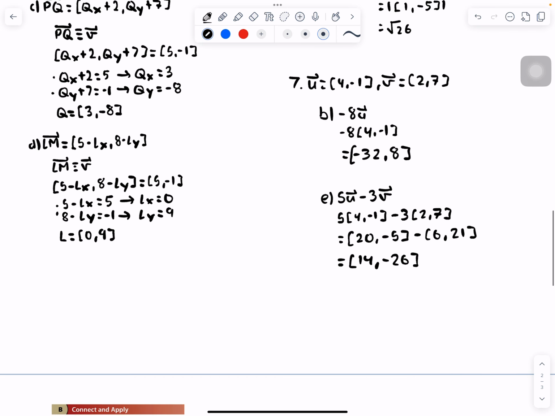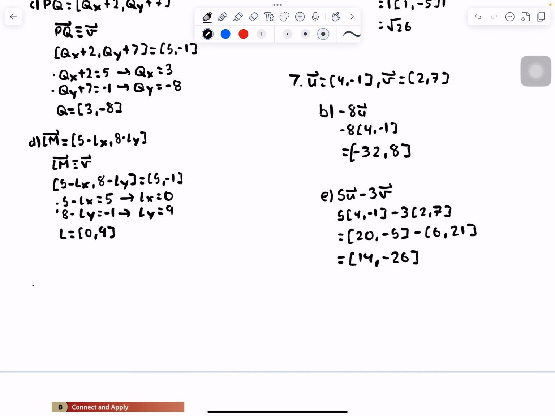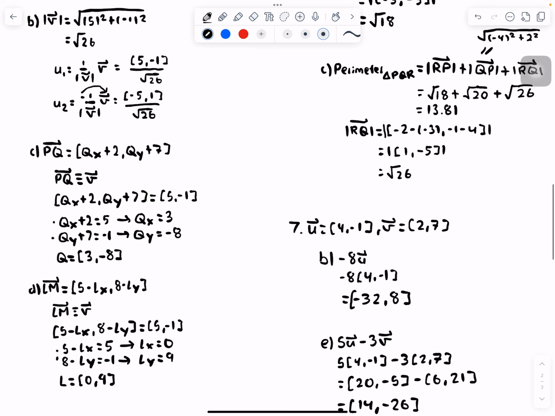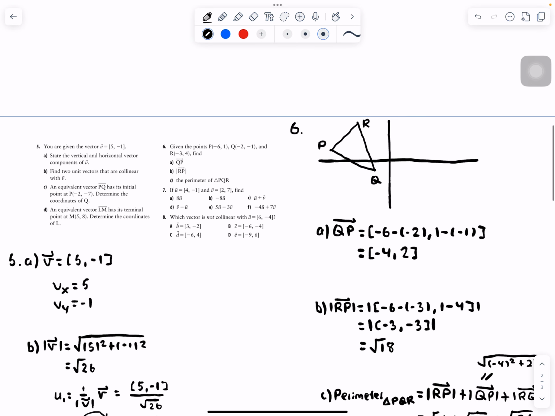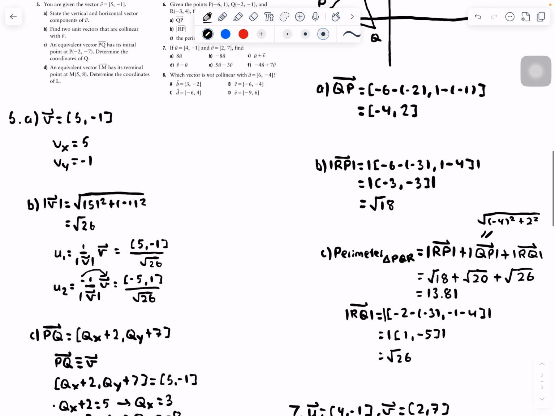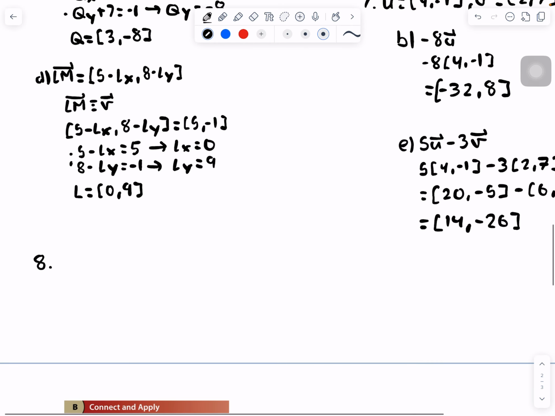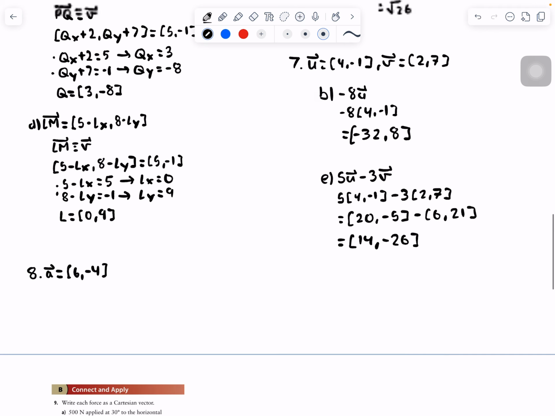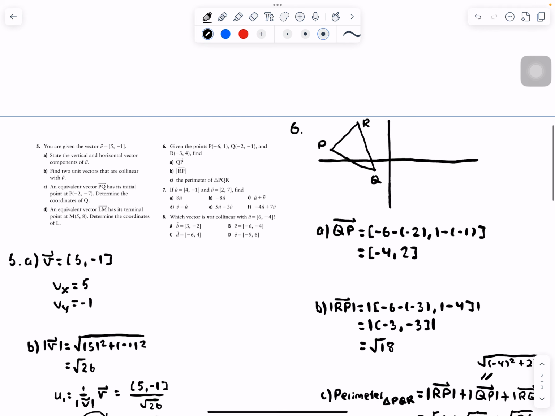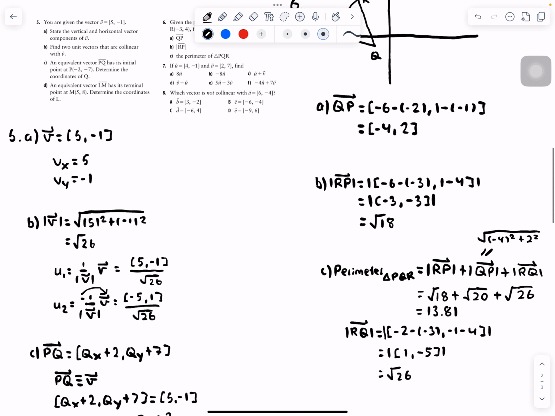And question 8. Let's conclude off with that. Which vector is not collinear with A equals 6, -4? So let's first recall what it means to be collinear.